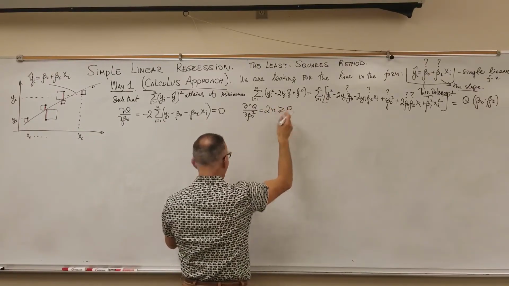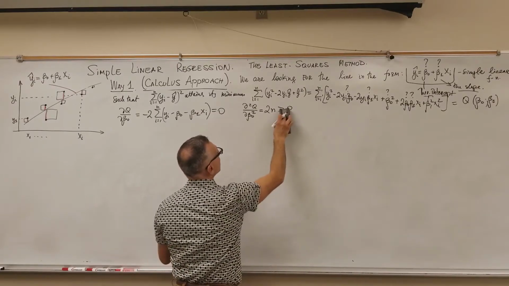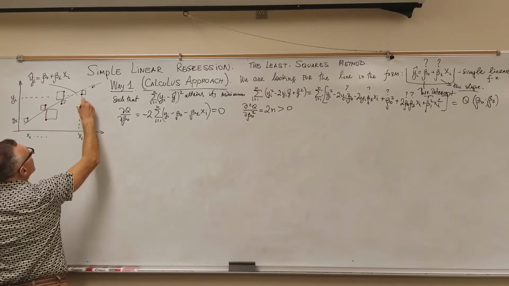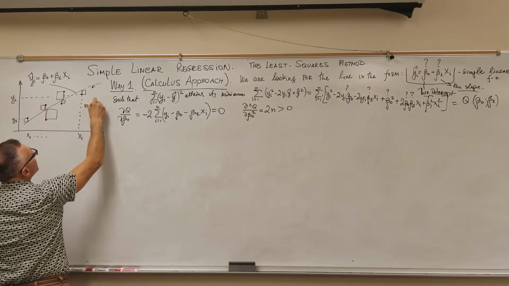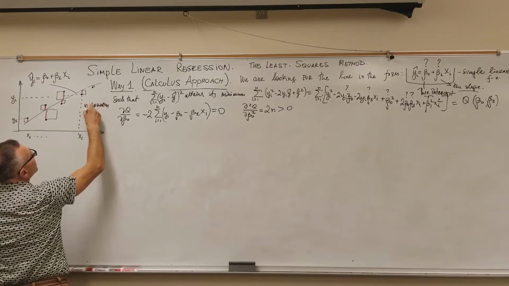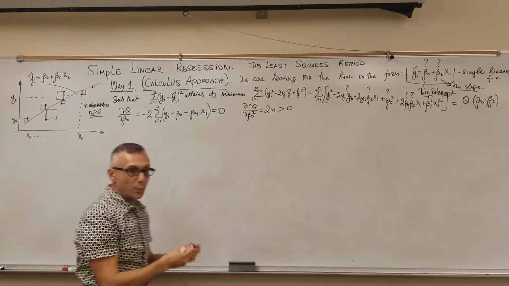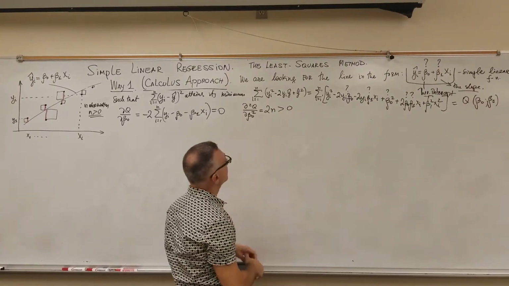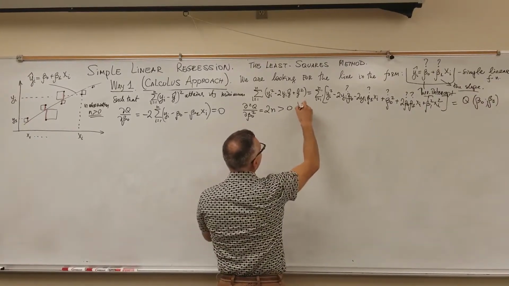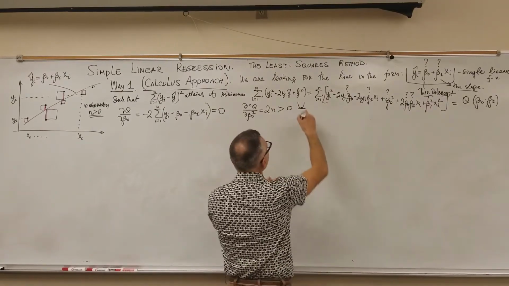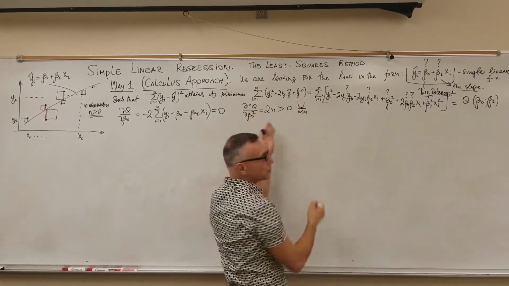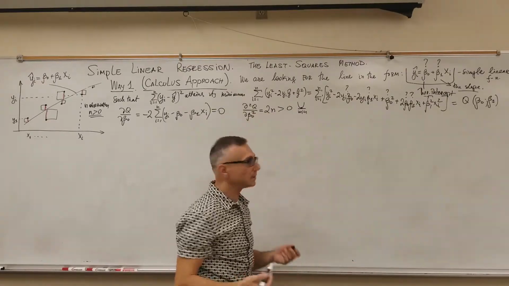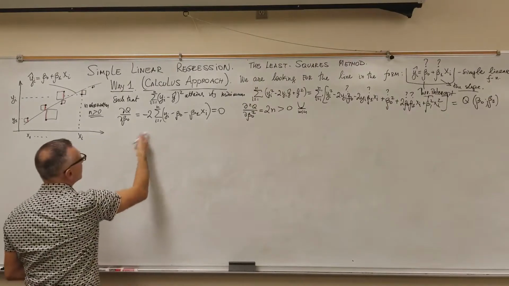Obviously, it's a positive value. N is the number of observations, the number of points we observe, never negative in the real world. So the second derivative is positive, which means that this is really a minimum point. This small part is always skipped, but it's important to mention. That was the first derivative for beta 0.